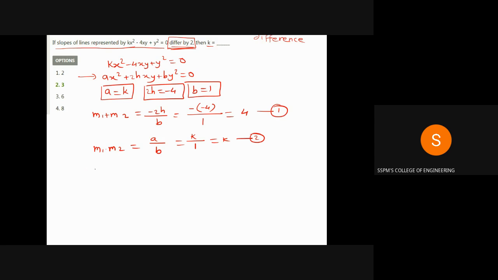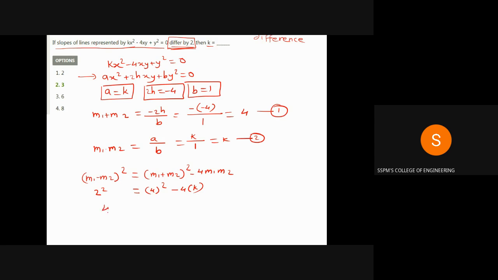Now we will again use the same equation that we used in the last question. It was like this: m1 minus m2 square is equal to m1 plus m2 square minus 4 m1 m2. Therefore 2 square is equal to 4 square minus 4k, since the product m1 m2 is k.